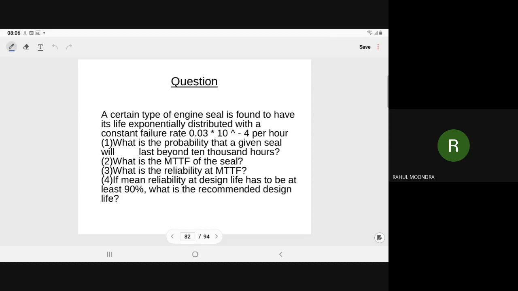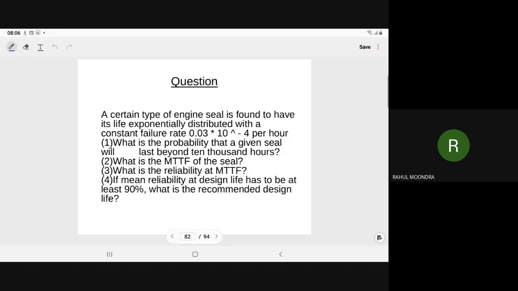Sometimes, if a constant failure rate is given, then automatically it follows the exponential distribution. If there is no statement about the failure time distribution, only that the failure rate is constant, then you assume it is exponential. What is the probability that the given seal will last beyond 10,000 hours?